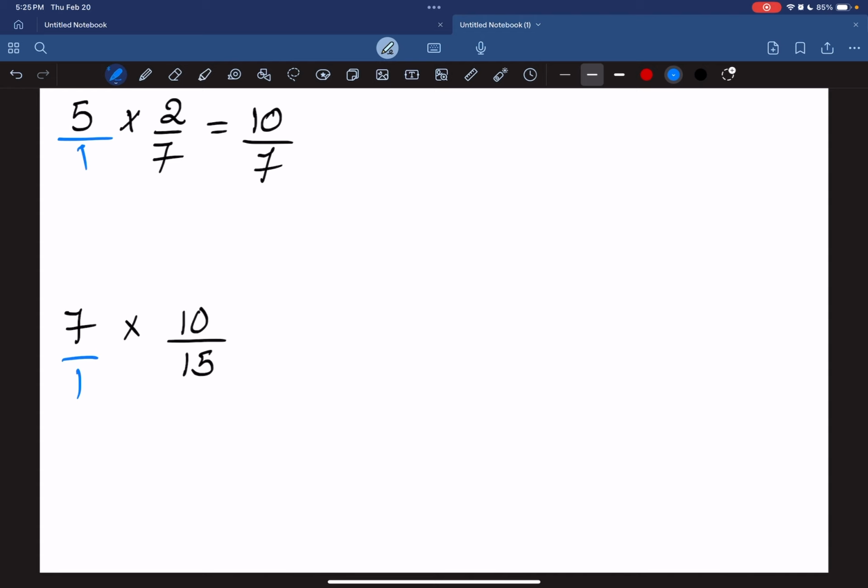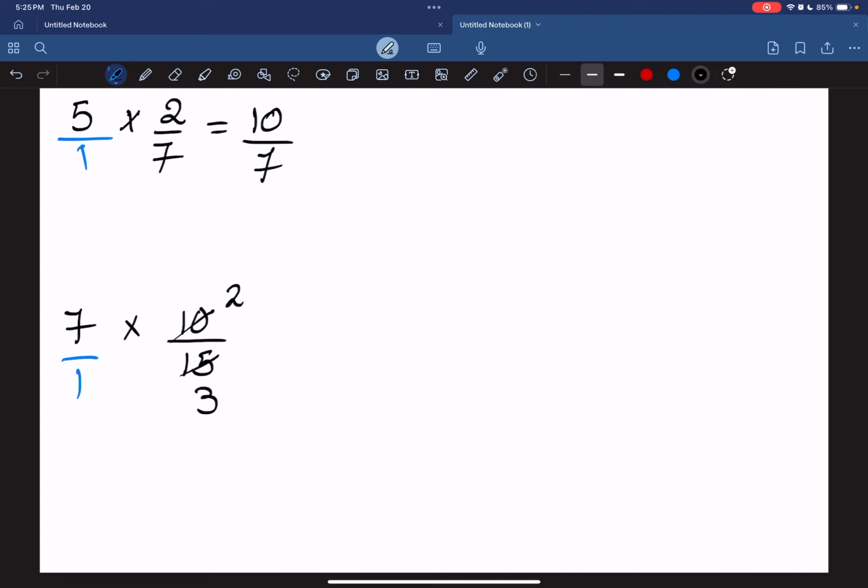Then look if anything can be simplified. 7 can't go into 15, and 1 going into 10 just gives back 10 and 15, but that can be broken down using 5. 5 into 10 goes 2 times, while 5 into 15 goes 3 times. So the new fraction is 2 over 3.